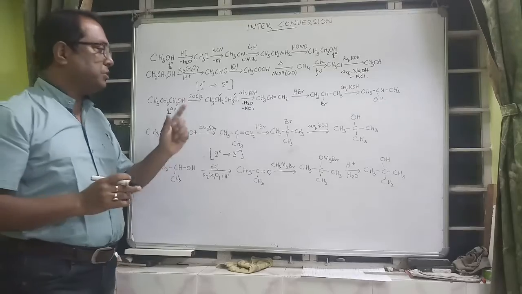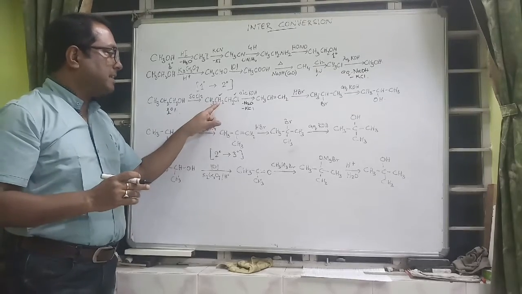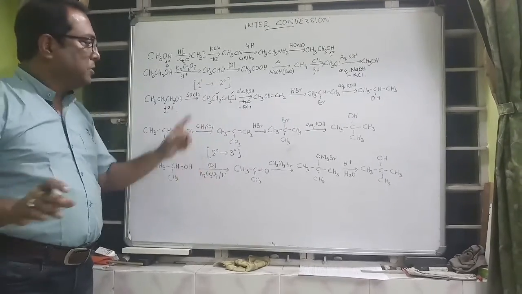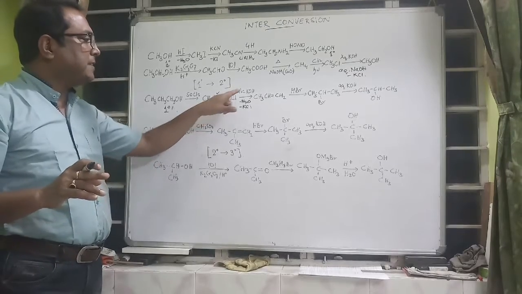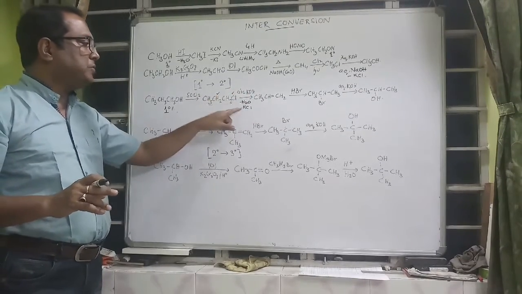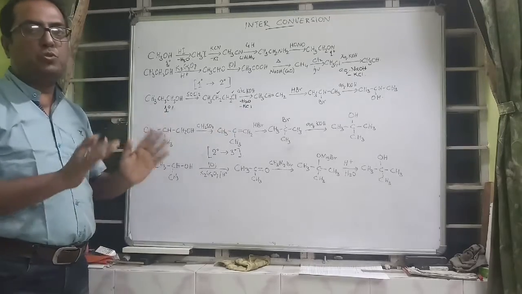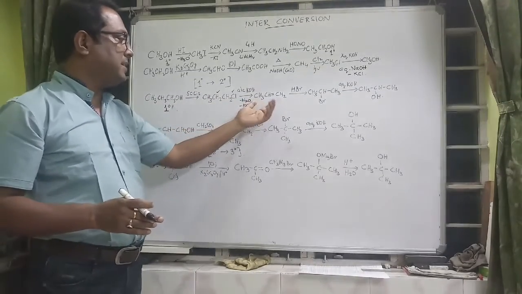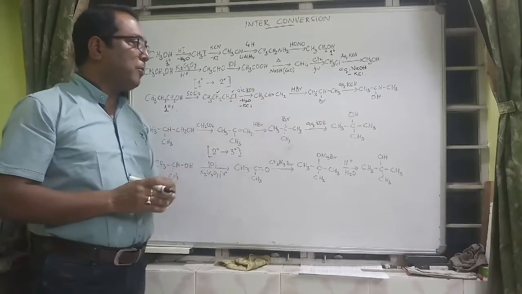Nevertheless, you should not say that hydrogen and chlorine form HCl. No, it cannot happen. So what happens, the hydrogen reacts with OH to form water, and the chlorine reacts with K to form KCl. So these two as a byproduct can be subtracted out. So you get here an alkene, or here 1-propene.